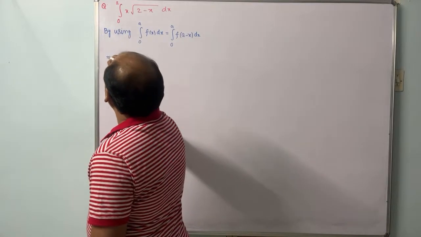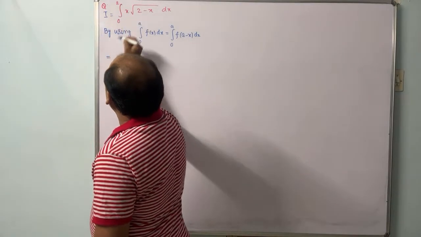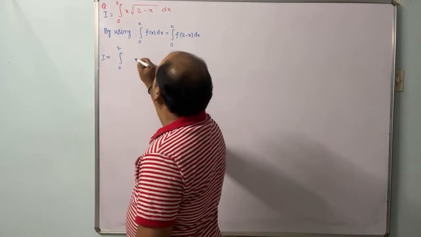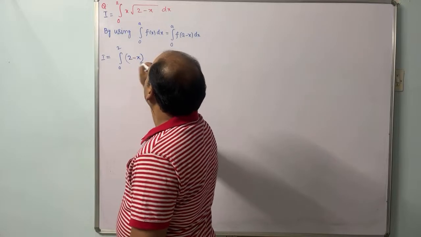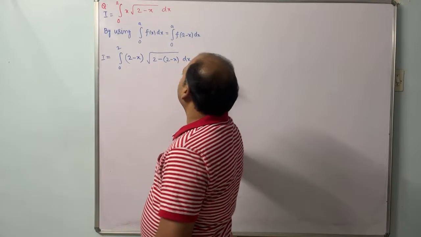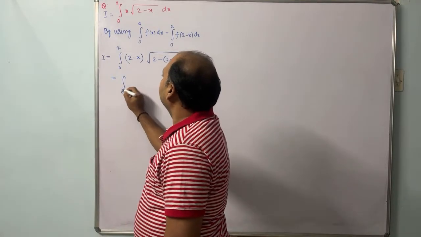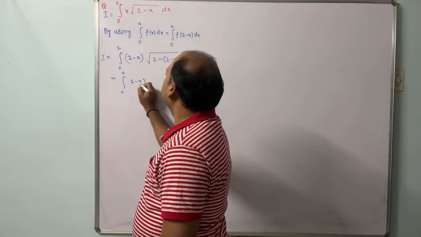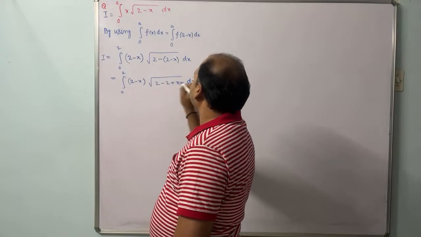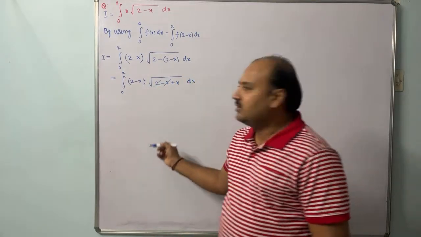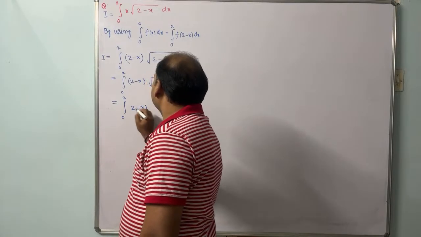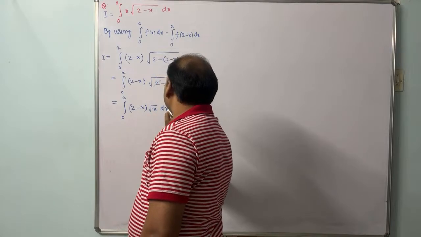So let us consider this as I equal to integral 0 to 2, wherever x is there, 2 minus x into root over 2 minus x into dx, which is equal to integral 0 to 2 2 minus x into root over 2 minus 2 plus x into dx. Minus 2 plus 2 get cancelled.